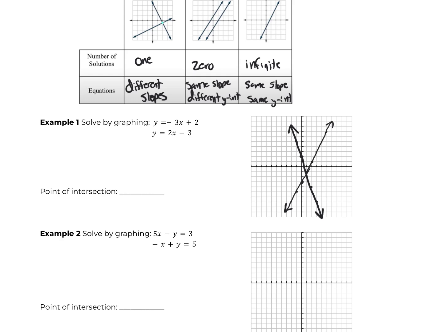All right, there are the two graphs of those equations. We do have an intersection point, and our intersection point is at 1, negative 1, where those two lines intersect.